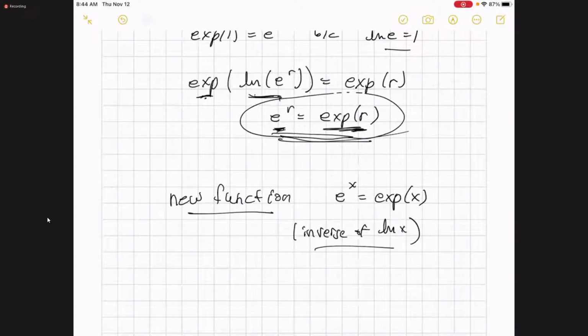So, okay, that means that e to the x is y if and only if ln of y is x.